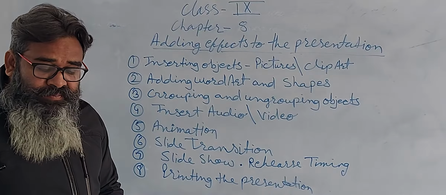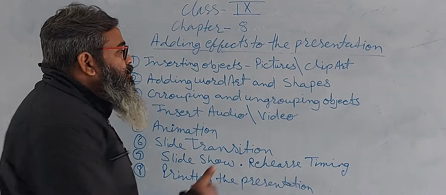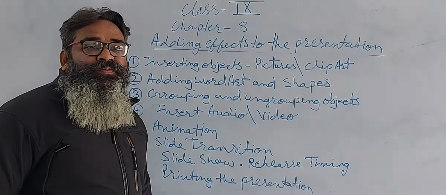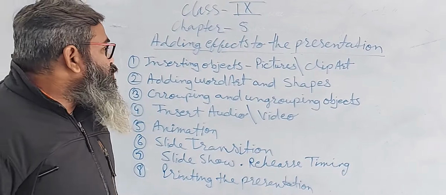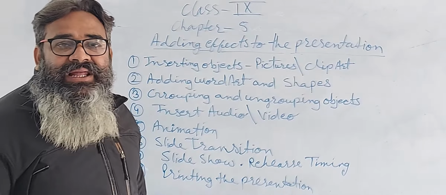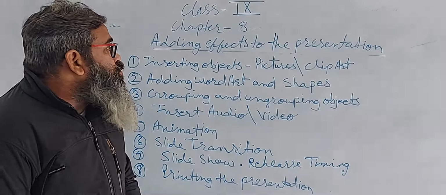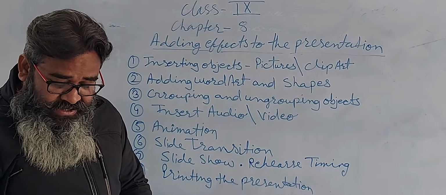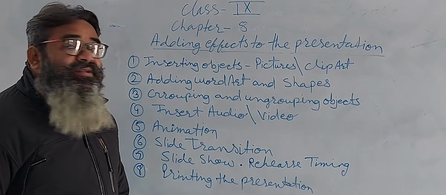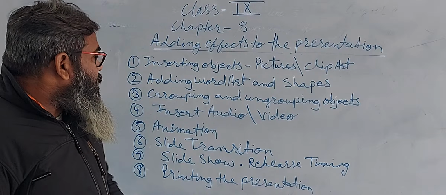After we have inserted the pictures and clip art, we have an option to change their formatting or appearance, the color that they have. We can also format the pictures. So inserting objects is a facility where we have related pictures and clip arts.